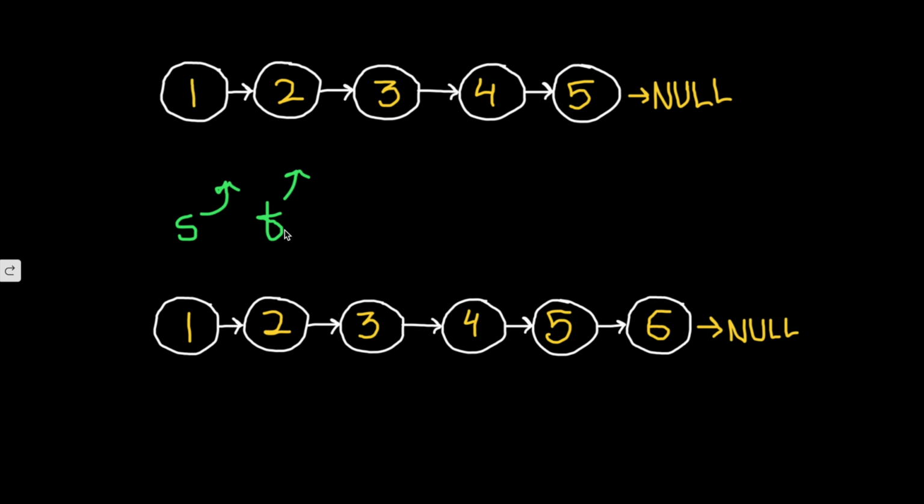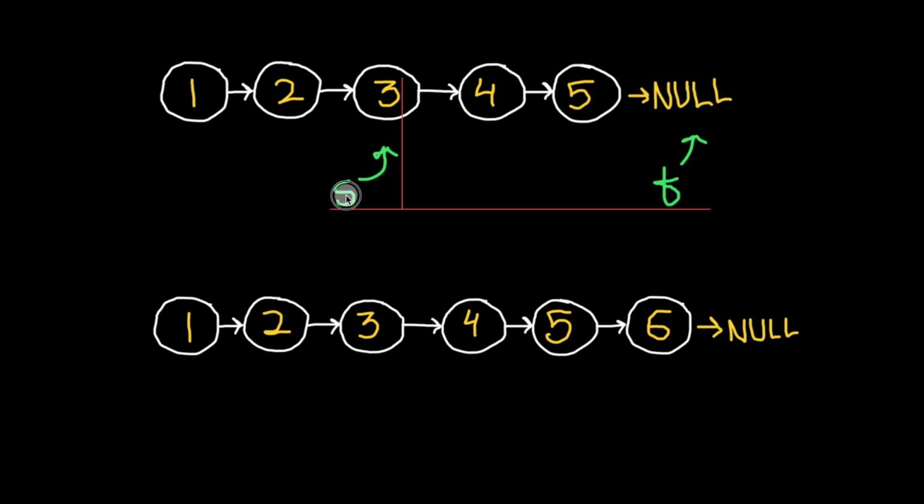The fast pointer will move at twice the speed of the slow, meaning in each iteration, when the slow pointer moves 1 step ahead, the fast pointer will move 2 steps ahead. We will initially point both at the head of the linked list, and keep on moving with that logic, the fast pointer moving at twice the speed of slow. At the point when the fast pointer reaches the end, the slow pointer will automatically point to the middle of the linked list. Okay, so let's see how it works.